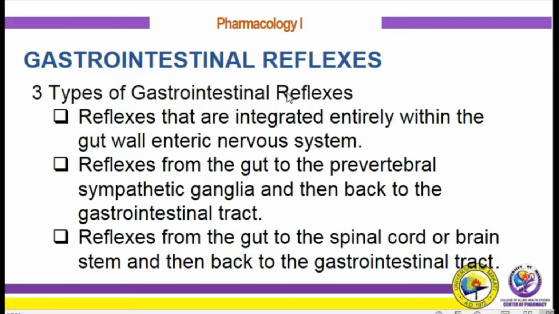The other one is pain reflexes that cause general inhibition of the entire gastrointestinal tract, and the third one is the defecation reflexes that travel from the colon and rectum to the spinal cord and back again to produce the powerful colonic, rectal, and abdominal contractions required for defecation.